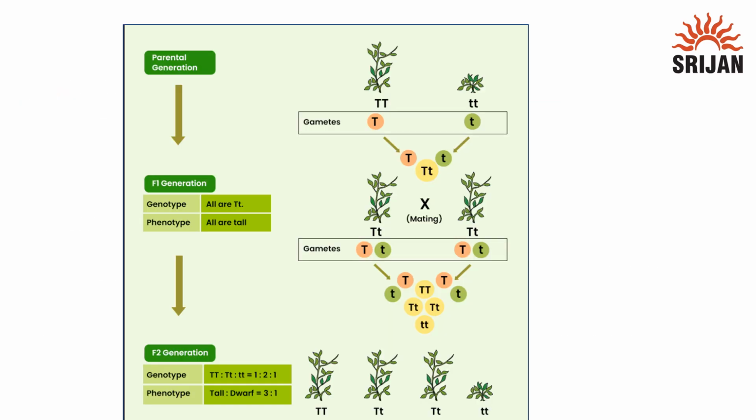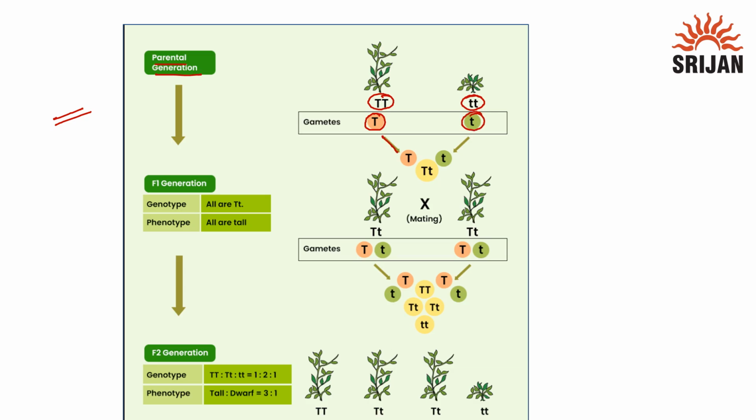The same thing is represented over here. So we can see we have the parental generation of homozygous plant. So this is homozygous tall and this is the homozygous dwarf plant. Now gametes would be formed, and their gametes is going to have a capital T and this is going to have a small t.